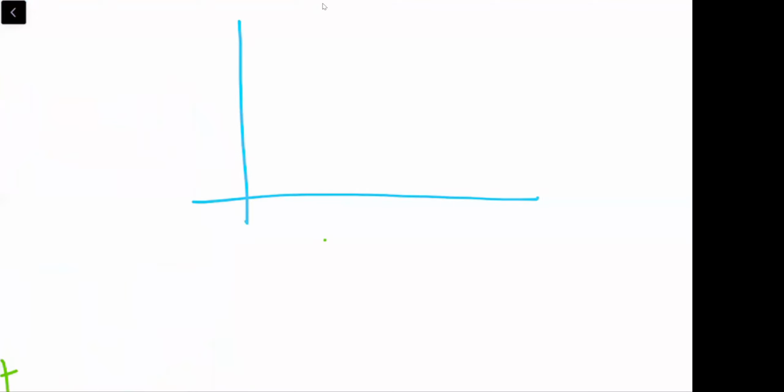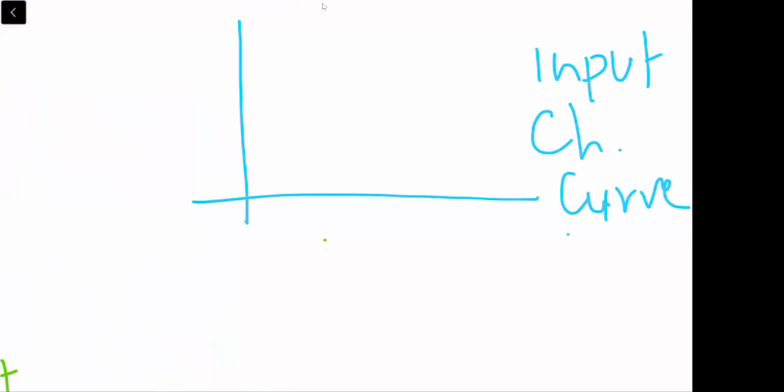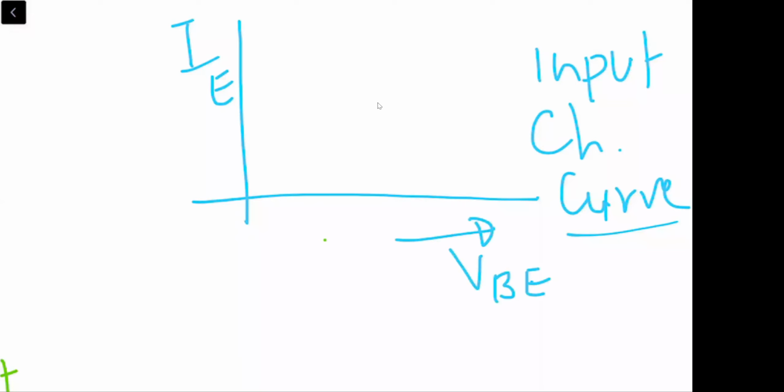The input characteristic curve is between the input current IE and the input voltage VBE, which is between the base and the emitter of the transistor.